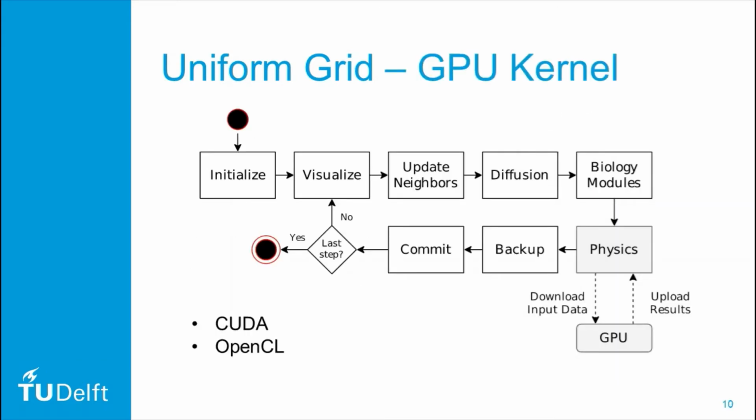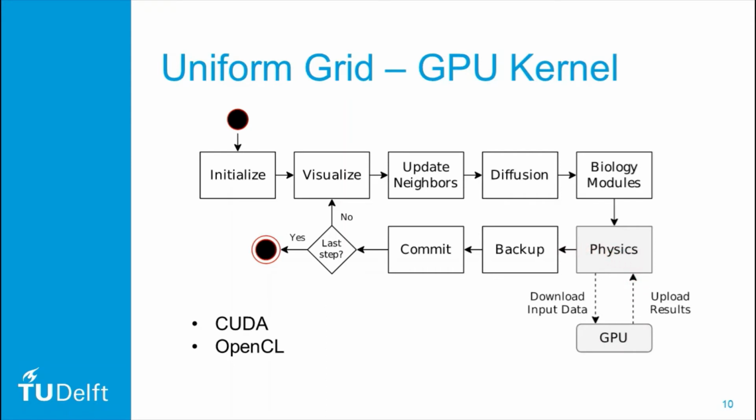Offloading the mechanical interaction operation to GPU will affect the overall pipeline as follows. Instead of performing the physics module on the CPU, we download the required state data and the neighboring data to the GPU. We then perform the neighborhood search and the mechanical interaction operation in parallel and return the displacement result to the CPU.